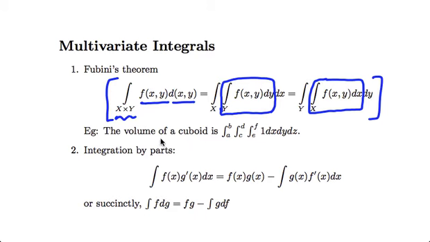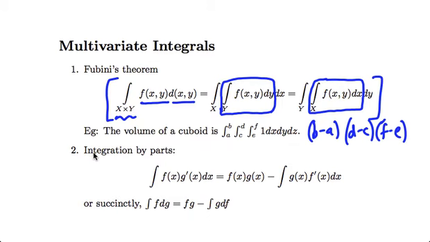One example of that is that the volume of a cuboid is the integral from a to b, c to d, and e to f of 1 dx dy dz, which would just be b minus a times d minus c times f minus e, no matter what order you integrated x, y, or z in. You could integrate them in any order, and it would end up giving exactly this.